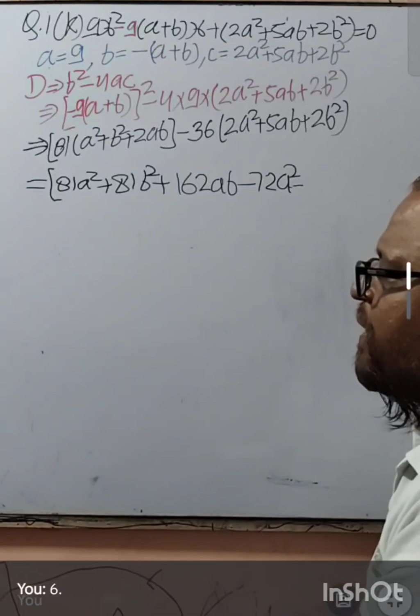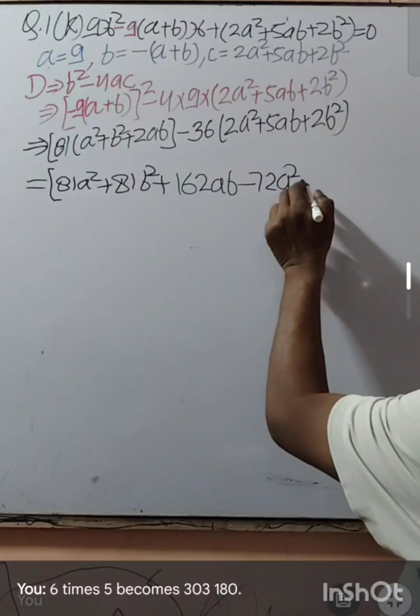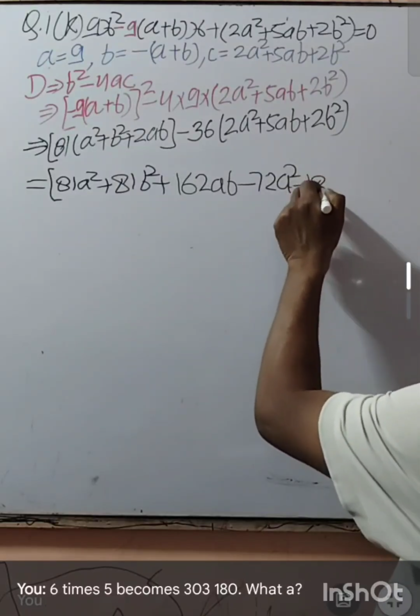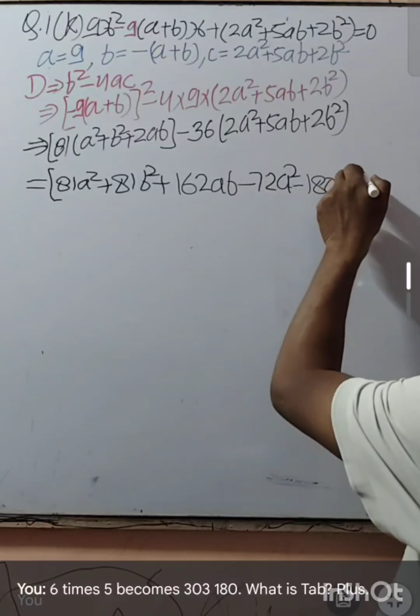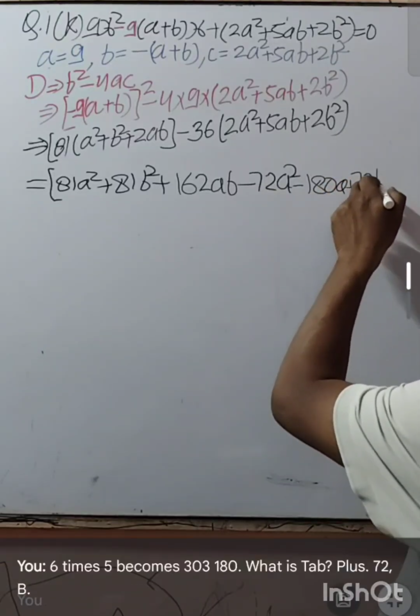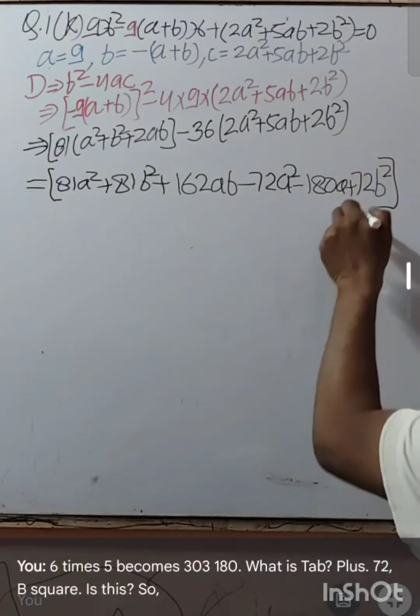Six times 5 becomes 30, 180ab plus 72b square. Is this so?